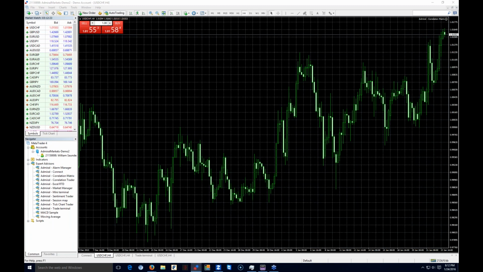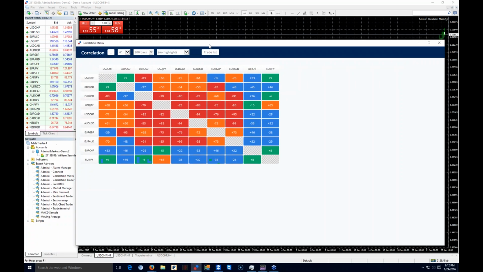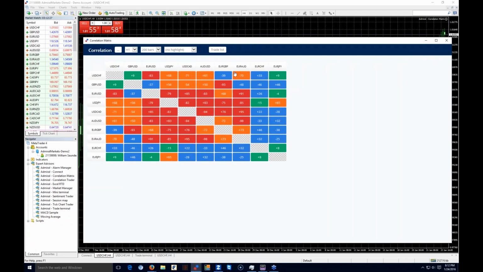Take a look at their correlation map. Here's their in-house correlation map. It's a lot cleaner compared to the other indicator, and it's much easier to actually see and pay attention to. You're paying attention to really just red, and for the most part, green. The colors default, so it's orange, 72%.